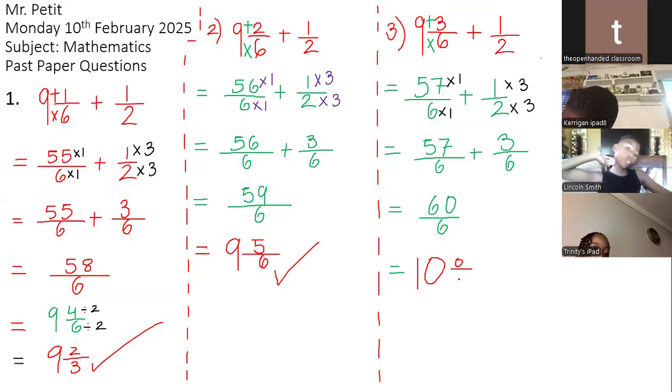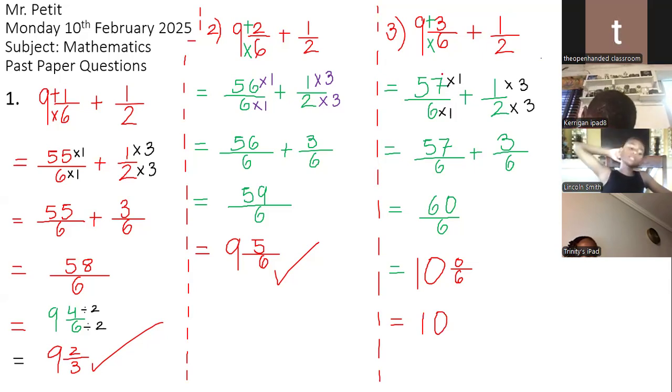And the denominator? 6. So it's 10 and 0 over 6. But whenever we have 0 on top of a number that's being divided, it's just 0. So the answer is just 10. That's what we learned when we were multiplying fractions today in school.